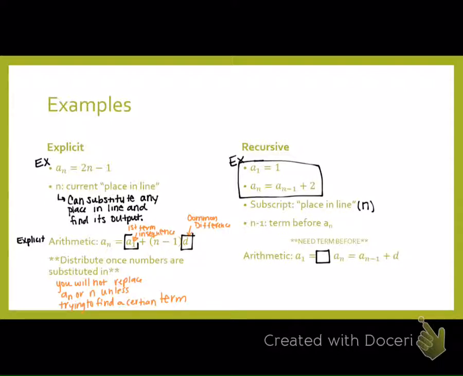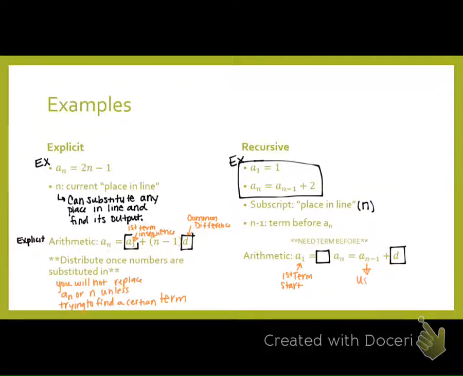These two are the things you will be replacing. Those two boxes are what you'll be replacing. A sub 1 is your first term, your starting term. And a sub n minus 1 means use the previous term to find the next.